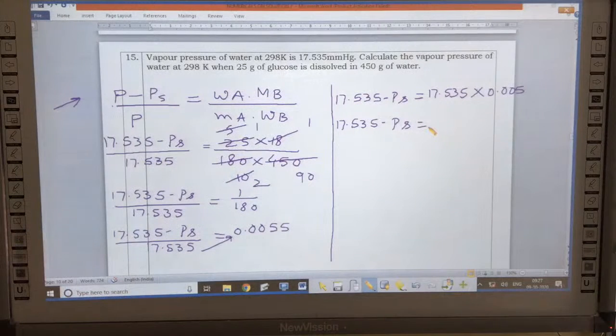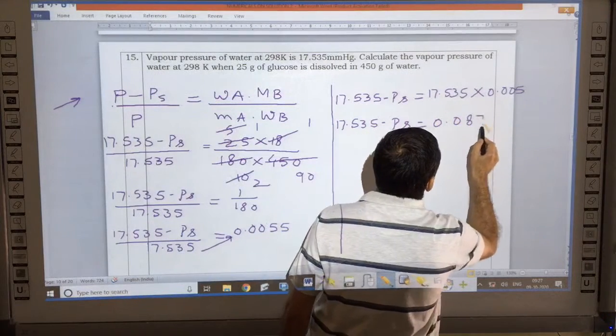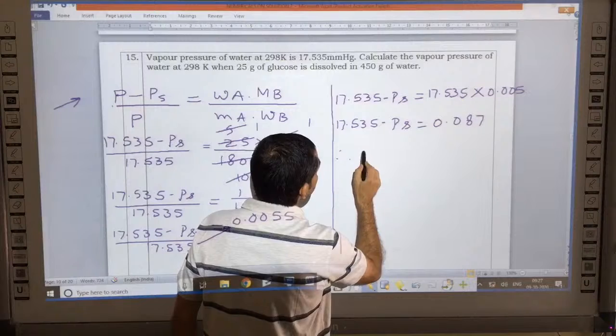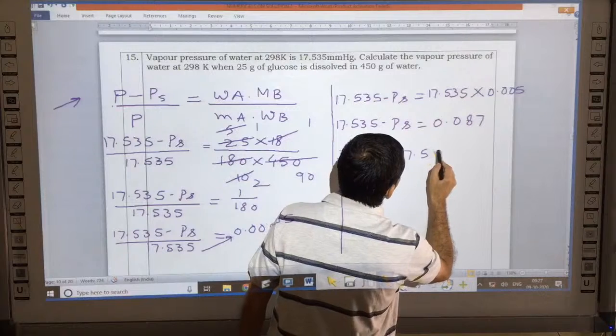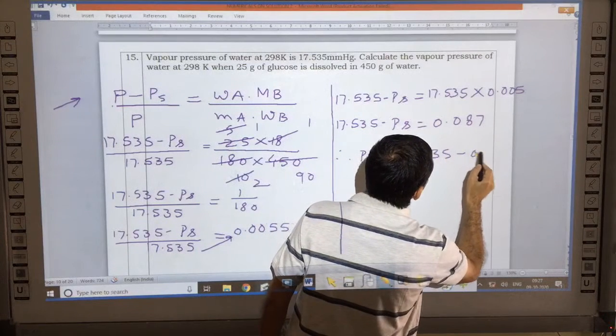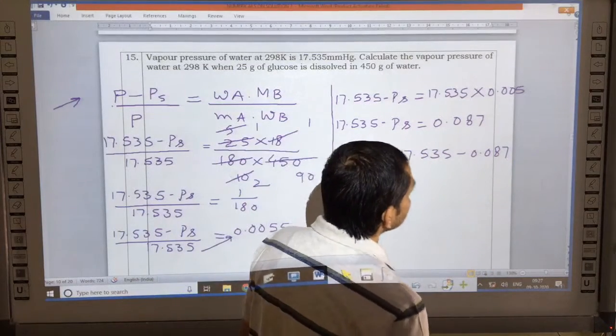Let us multiply. We will get how much? 17.535 multiplied by 0.005 is equal to 0.087. Therefore, PS, vapor pressure of solution, will be equal to 17.535 minus 0.087.